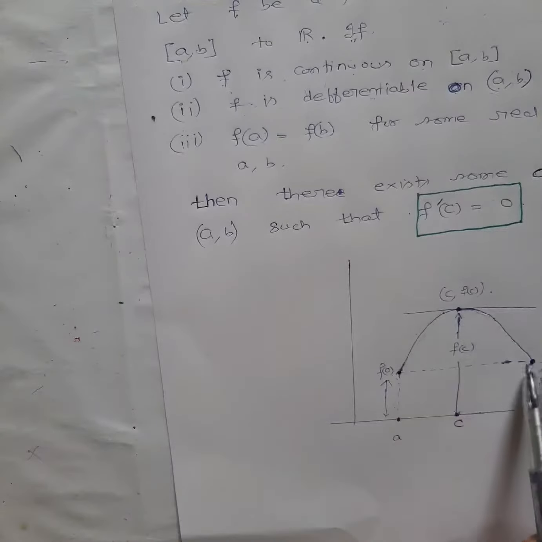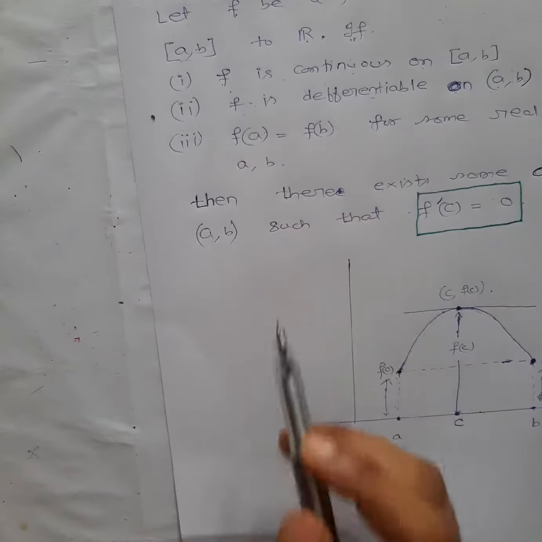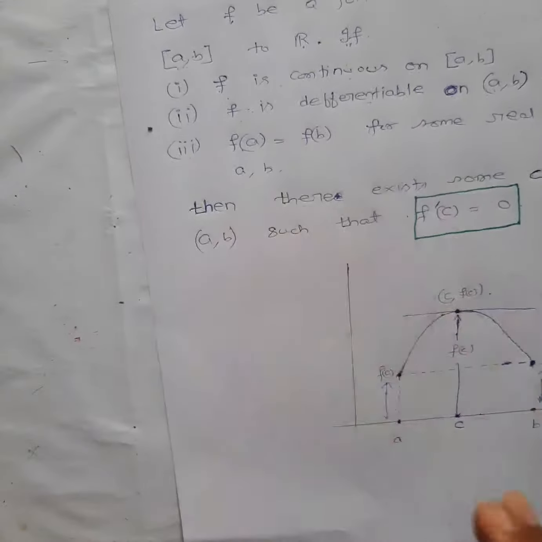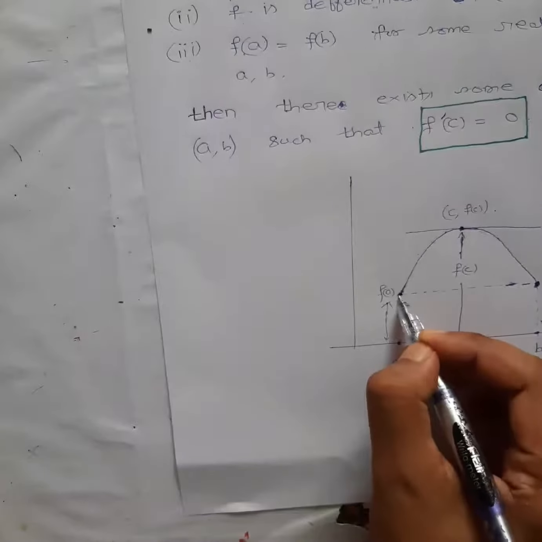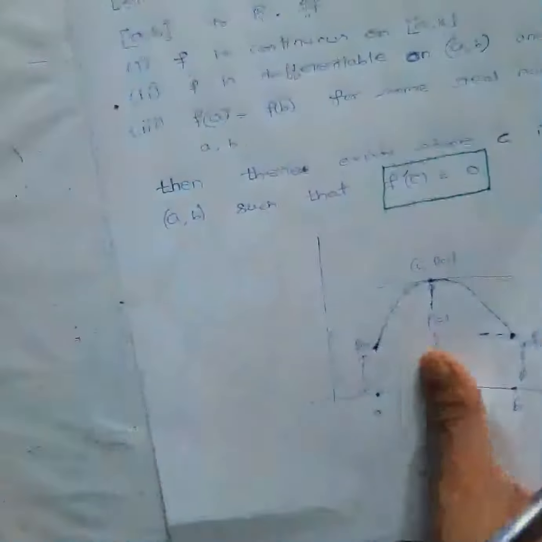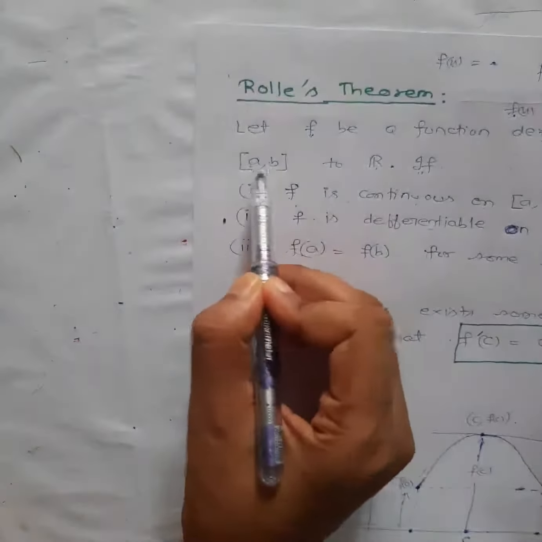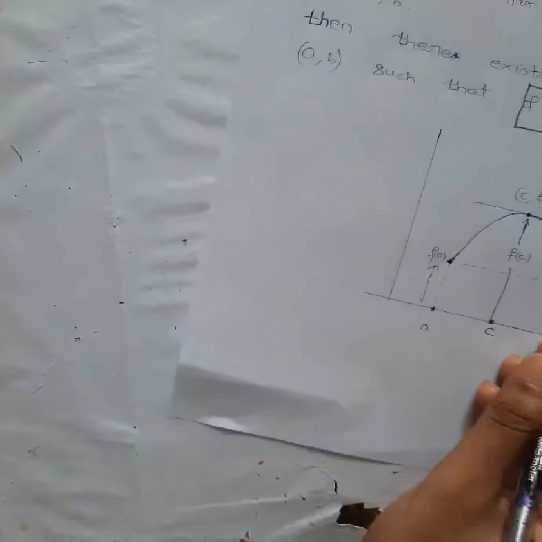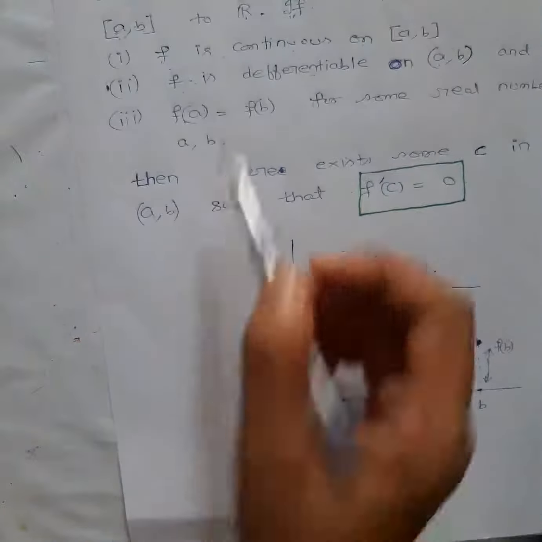Differentiable means the graph must be a smooth curve, it should not have sharp points. And the third condition: if f(a) is equal to f(b), meaning the y value at the extreme points, whatever f(a) is, if it is equal, then see what happened. Three conditions.